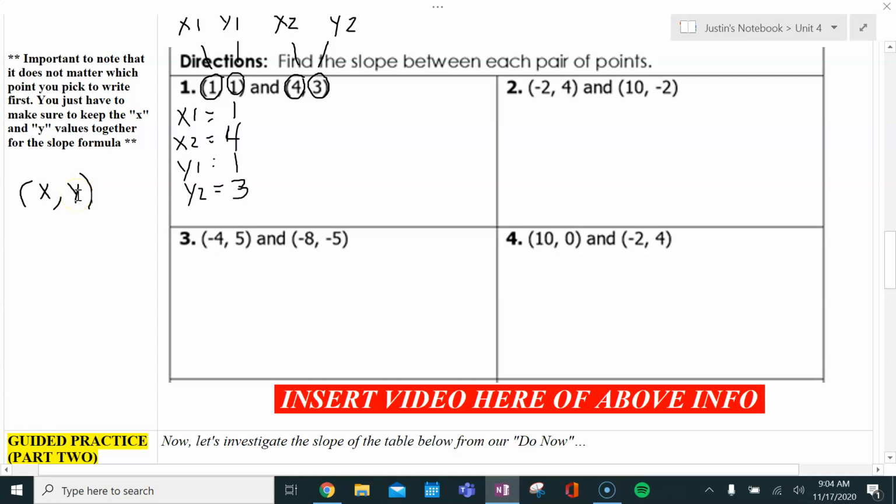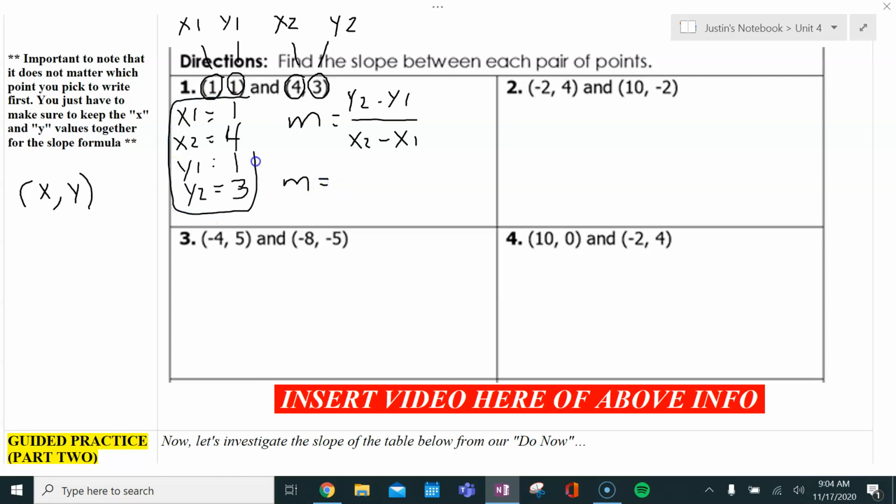Now we're going to use our slope formula. It tells us that m, which is our slope, is equal to y2 minus y1 over x2 minus x1. Now that we have all our numbers labeled, we plug them in wherever we see y2, y1, x2, and x1. Our y2 value is 3, and we subtract our y1 value, which is 1.